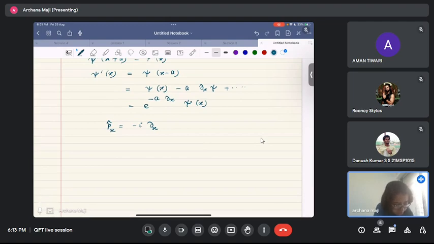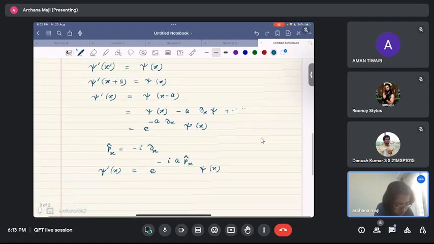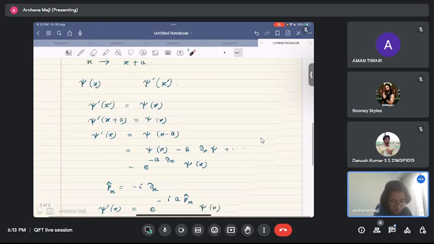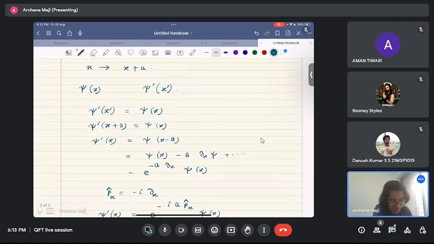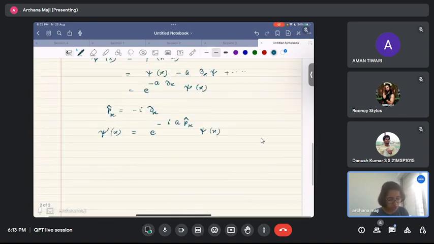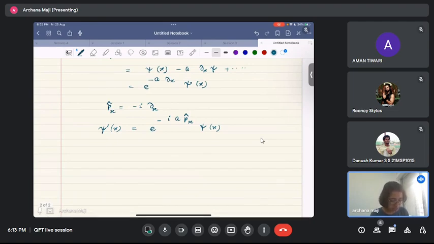So if you replace this del x in that exponent, you get psi prime of x to be exponential of minus i a times the momentum operator acting on psi of x. So this dictates the fact that the momentum operator is generating the translation that we started with, and that is a well-known fact to us. We know that the generator corresponding to the translational symmetry is nothing but the momentum, and that's what we have shown here.